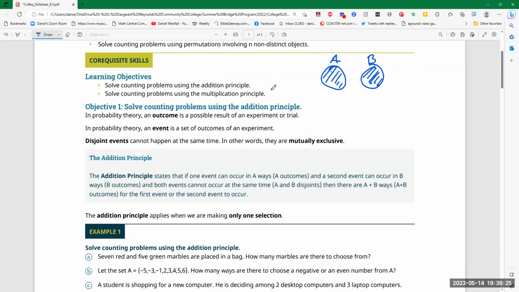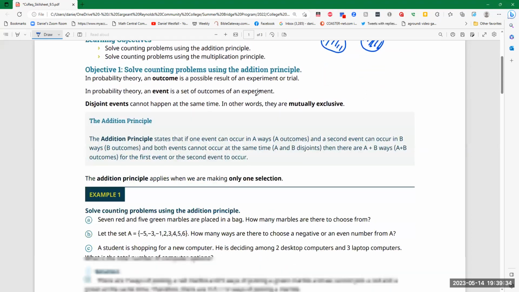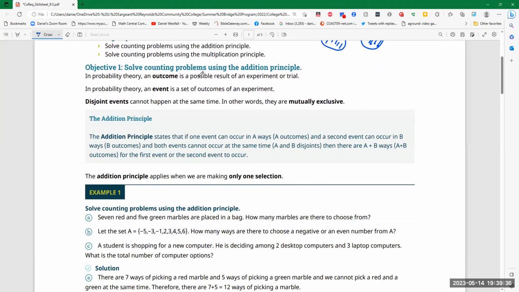So we're going to solve counting problems using the addition principle, and we're going to solve counting problems using the multiplication principle. In probability theory, an outcome is a possible result of an experiment or trial. In probability theory, an event is the set of all outcomes of an experiment.